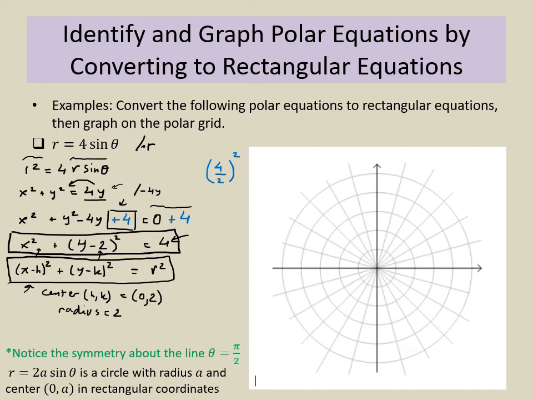Now I have everything I need to graph that circle. Center is (0, 2). So if this is the x and y axis, the center (0, 2) is right here. 0 on the x, 2 on the y, and the radius is 2. So from the center I go 2 units in each direction, equal units, right there.